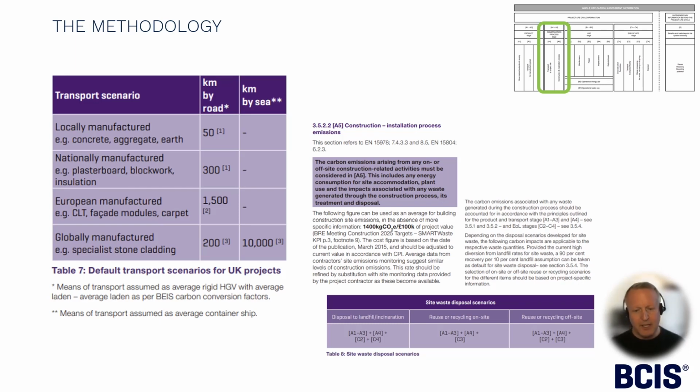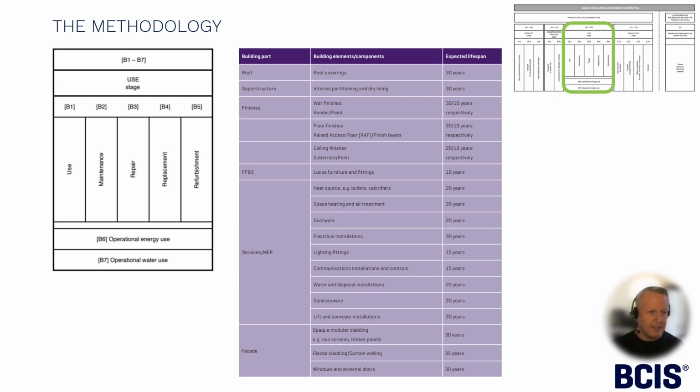But the generic numbers are there, so they can obviously be used in the absence of anything more specific. There are also default site waste and disposal scenarios provided by the RICS professional statement that we haven't got time to go into today.